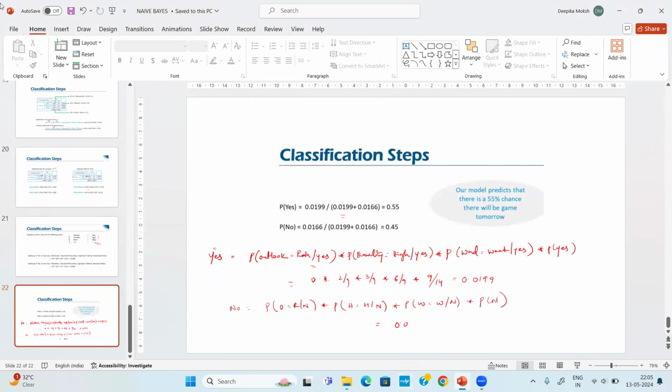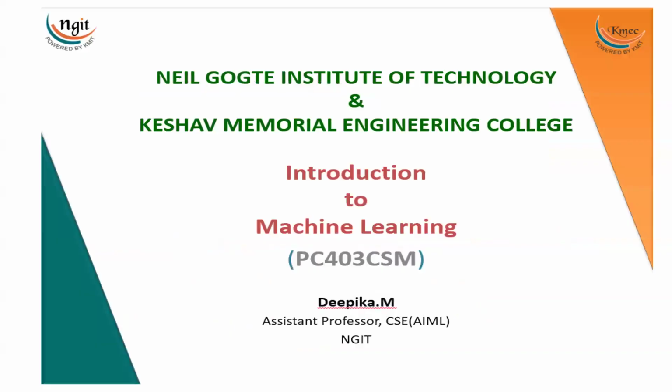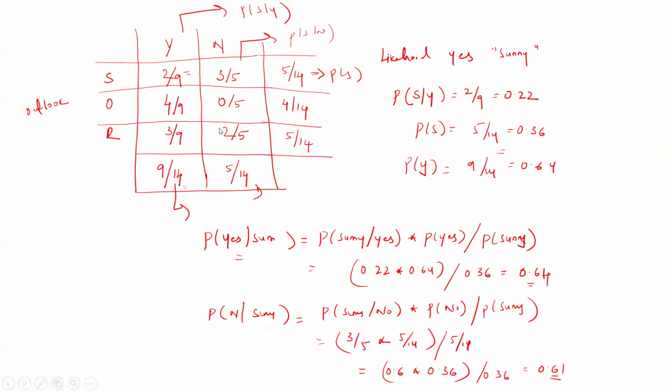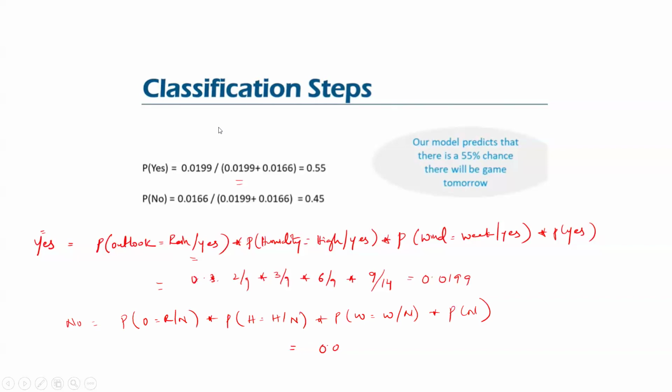In this way, we find the values from the likelihood and frequency tables, and here we find the probability to play or not.